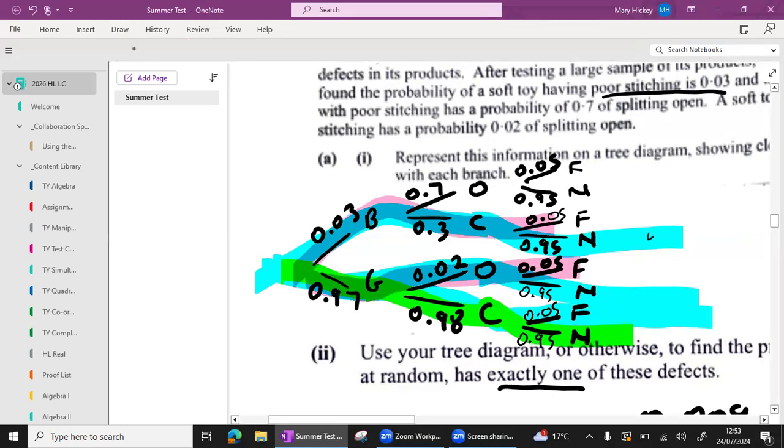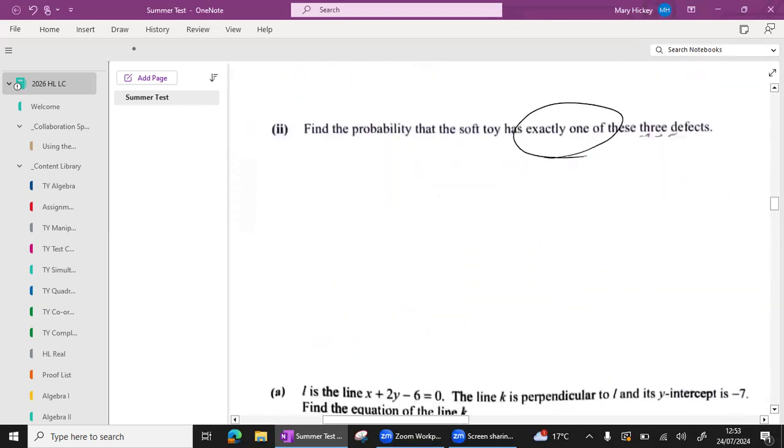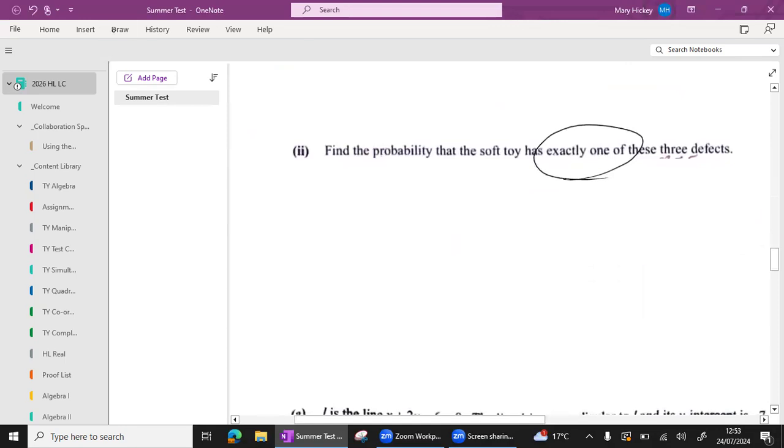So I'm going to multiply 0.03 by 0.3 by 0.95. Then I'm going to multiply 0.97 by 0.02 by 0.95. And then I'm going to do this one, 0.97 by 0.98 by 0.05. So that's the last part of that question. I hope that makes sense. So I always multiply across the branch.